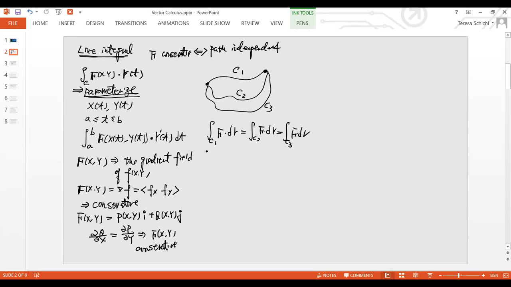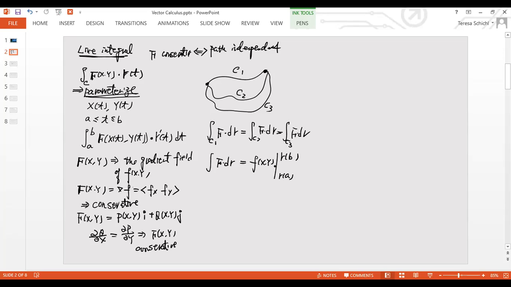Then we also talked about the fundamental theorem of line integrals. That means if it's conservative, and you try to integrate F dot dr, because F is the gradient function, if you can find the real valued function f, then this will just be f evaluated at the endpoints, r(b) minus r(a).